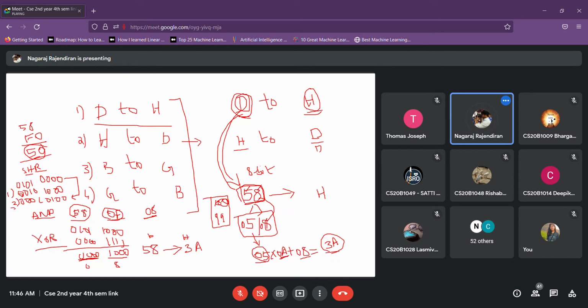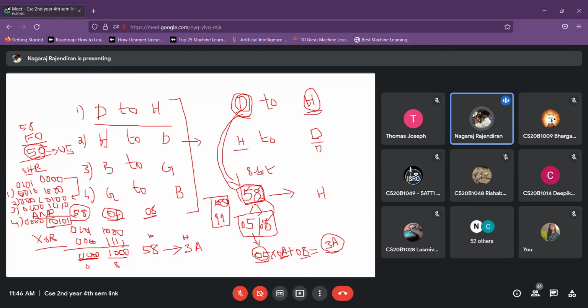Third time 0000 1010, and the fourth time you will get 0000 0101. So after performing right shift 4 times, you will end up with 05 from 50.